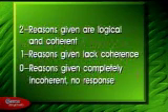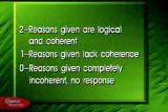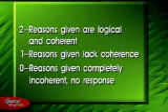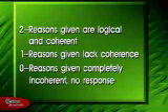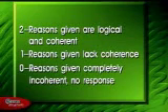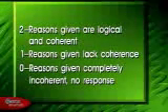Reasons given are logical and coherent. 1 point. Reasons given lack coherence. Or 0 or no point. Reasons given completely incoherent. Or no response. If you want, you can expand the scoring guide to make it a 5-point or even a 6-point scale.